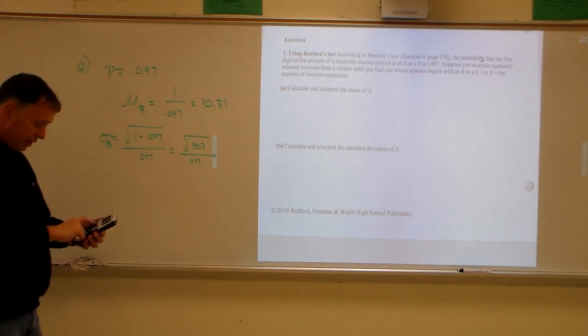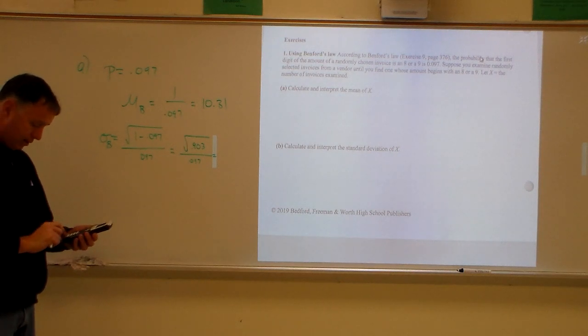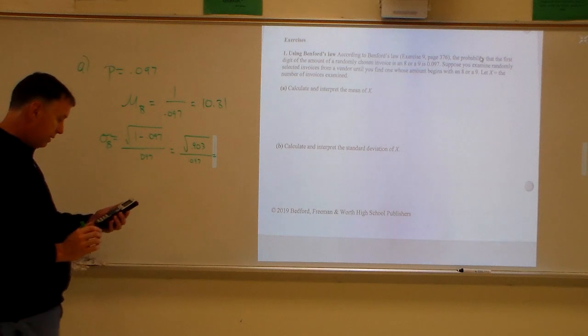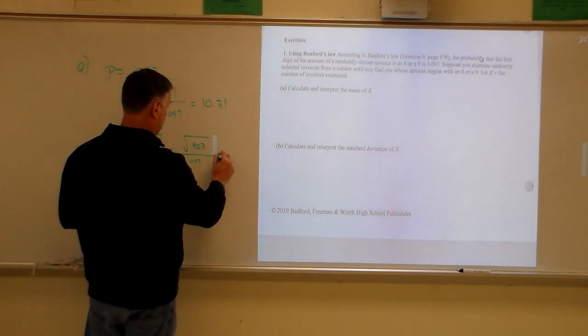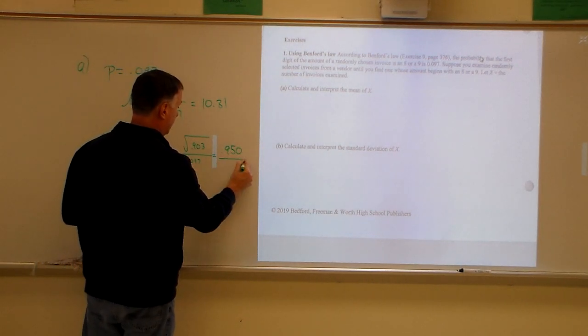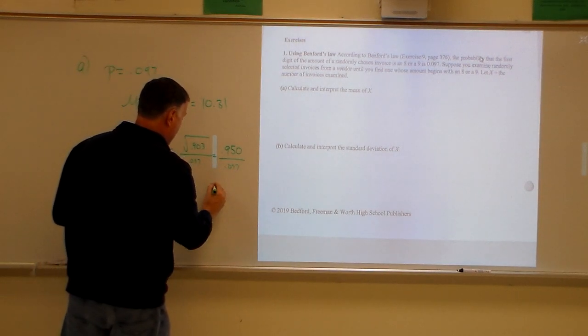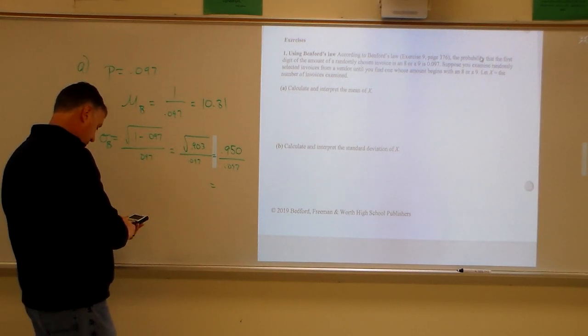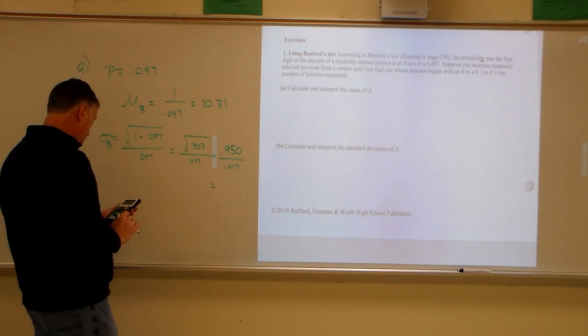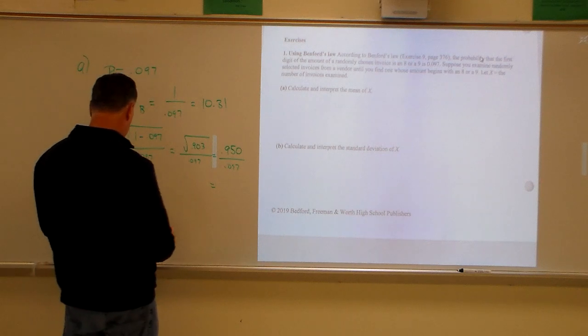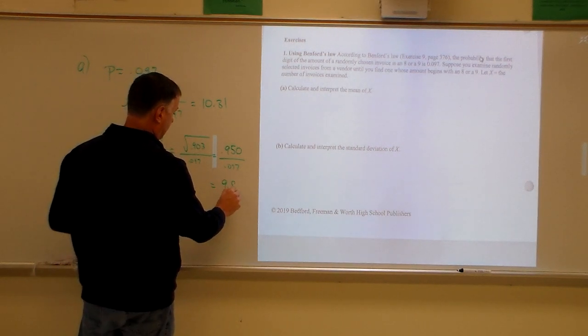The square root of 0.903 gives me 0.950. Then I divide that by 0.097, and I get 9.796. So I'm going to make it 9.8.